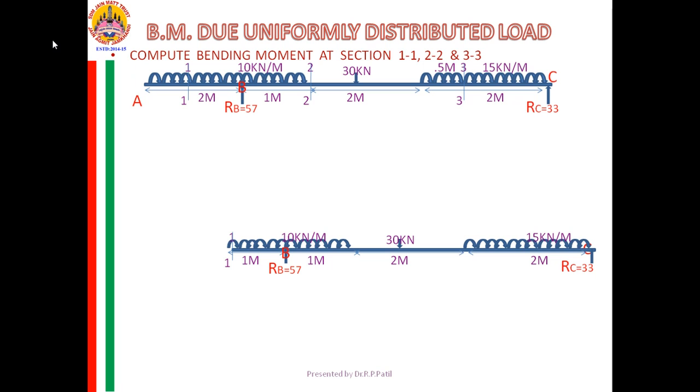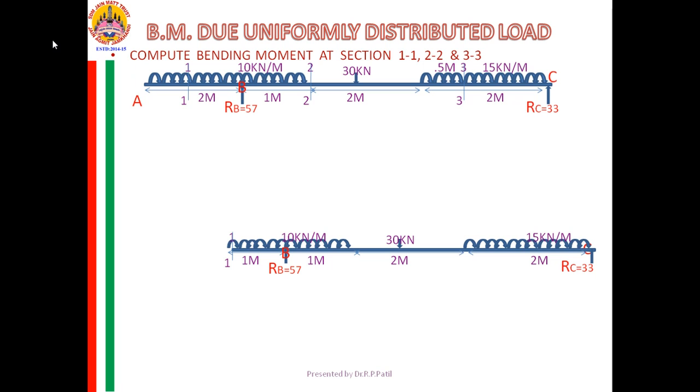In such cases, different types of actions come in the beam, and those actions we define as shear force and bending moment. Shear force creates the sliding effect at any cross section, and bending moment results in the turning effect, the bending effect at any section in the beam.